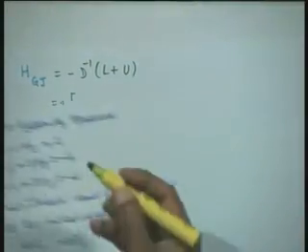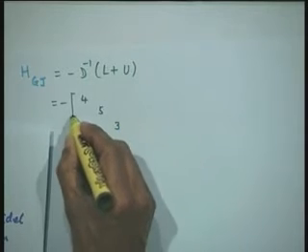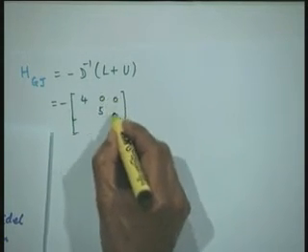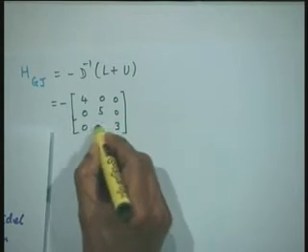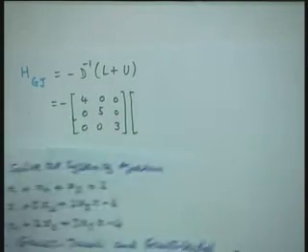So, this will be 4 5 3, all right, let us put zeros here, zeros here, and the remaining part is L plus U.